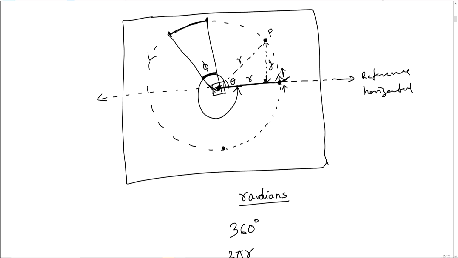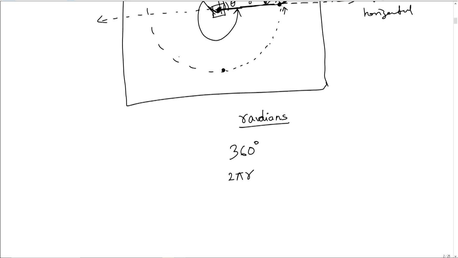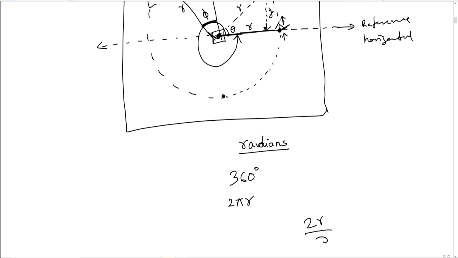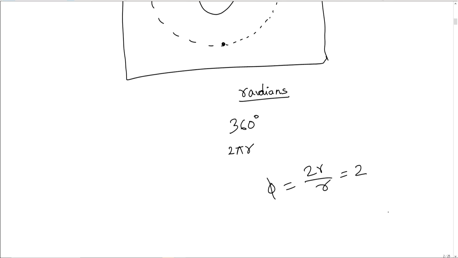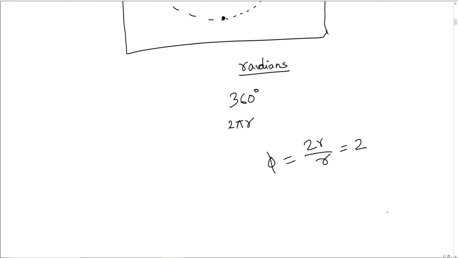Let's say this angle is phi. So an arc forms an angle at the center. Radians is actually the length of this arc divided by the radius of the circle. So for example, if the length of this arc is 2r and the radius of the circle is r, then the angle formed by this arc at the center is 2r by r equals 2. That's how we define angle in radians.